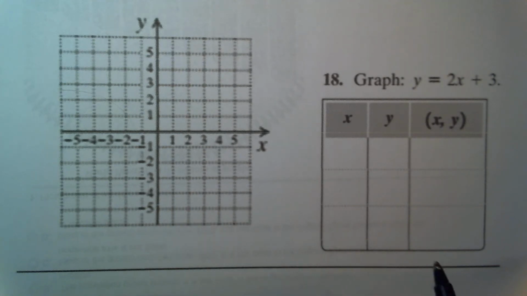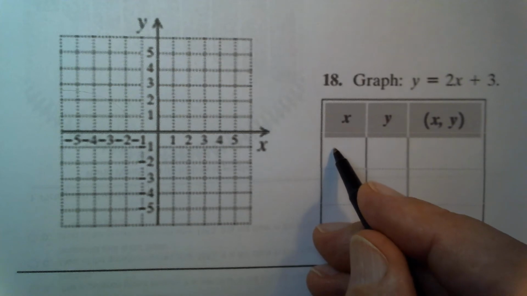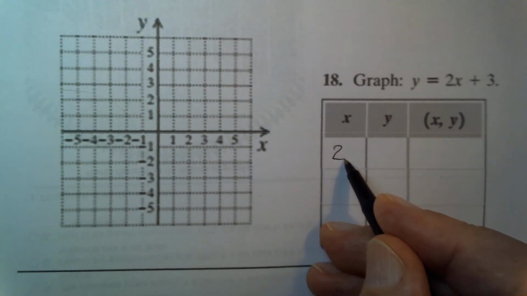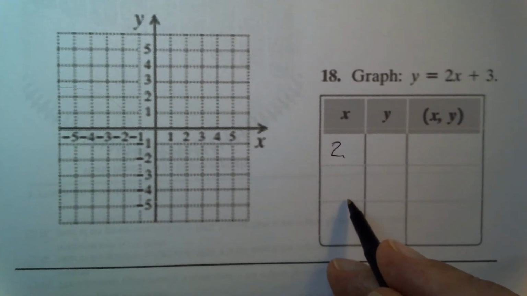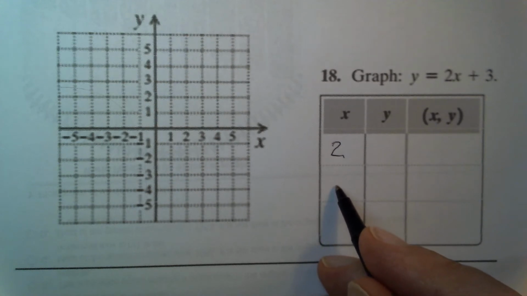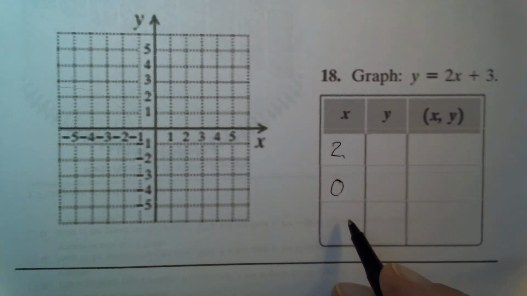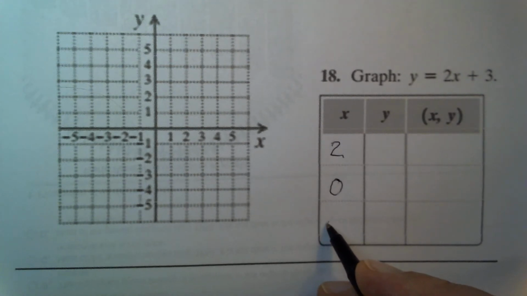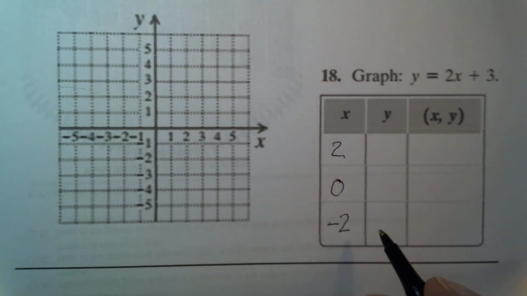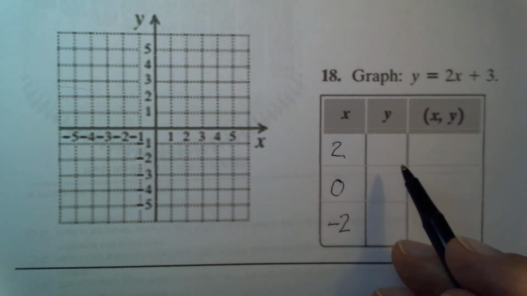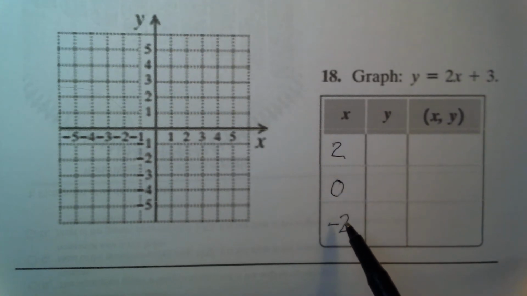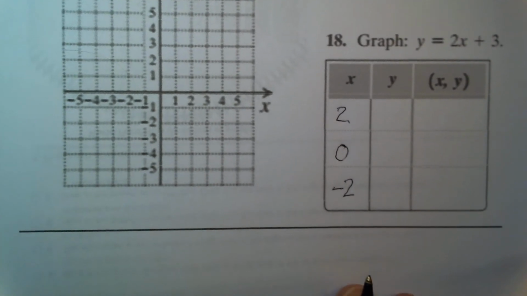So let's just choose x equals 2. And I always like to use an easy one, like 0. And how about minus 2? That would be a good one also, right? Now we need to compute the value for y given these values for x.